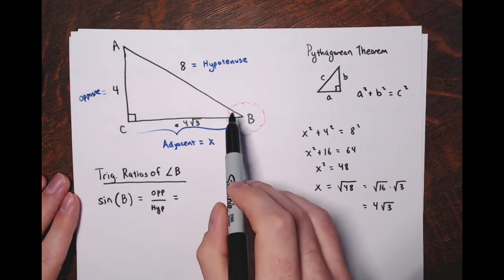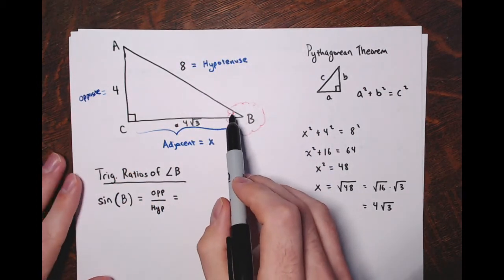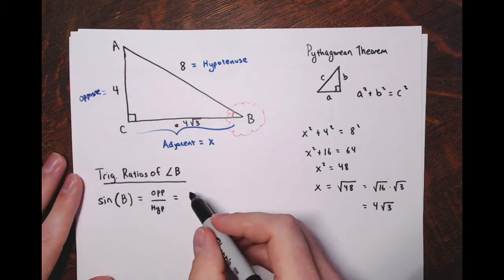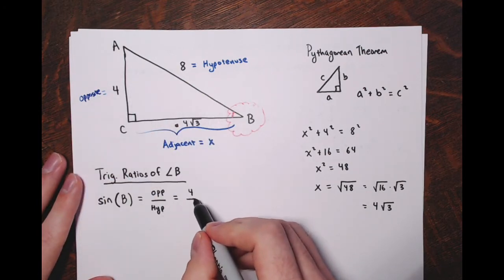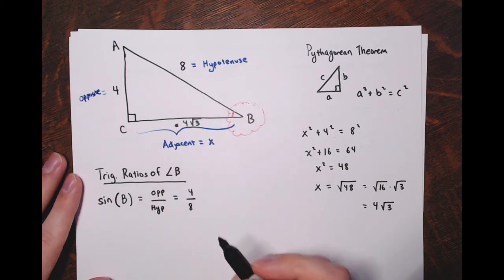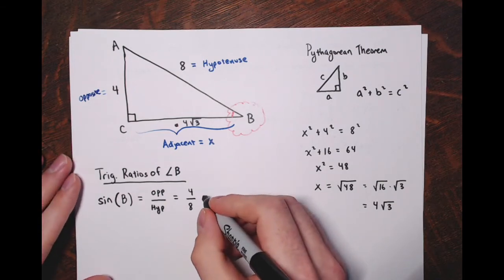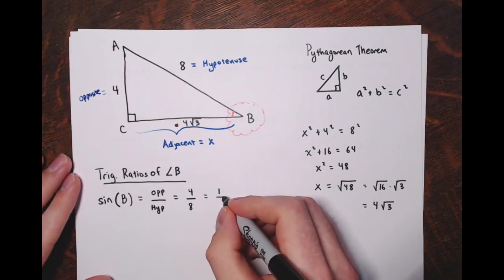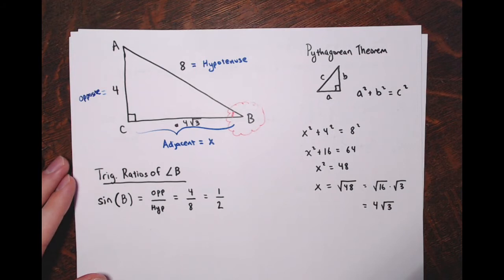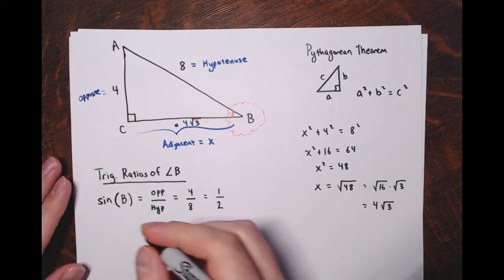So the sine of this angle in this right triangle is opposite length 4 divided by hypotenuse 8, and you're going to have to reduce things and rationalize denominators and stuff like that. This is 1/2. Right? The sine of angle B is 1/2.